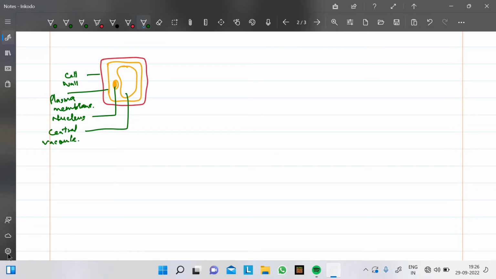This is a fully turgid cell, and for a fully turgid cell, turgor pressure is equal to wall pressure. Clear?